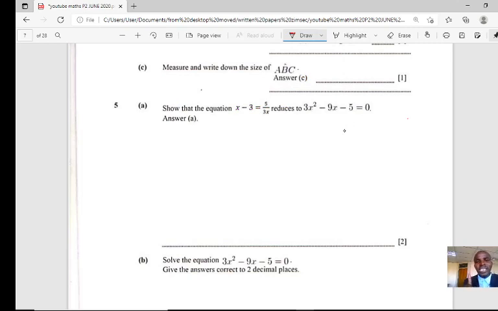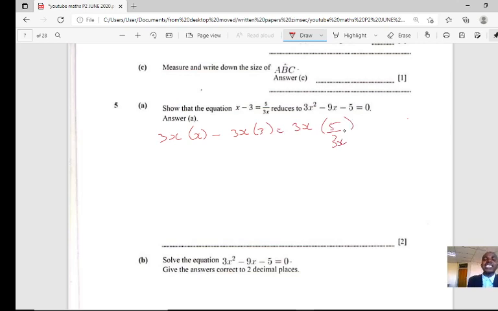There are two ways. One is cross multiplication. The other one is you multiply everything by the lowest common multiple of the denominators. In this case, it is 3x. So you multiply everything by 3x. You say 3x times x minus 3x times 3 is equal to 3x times 5 over 3x.